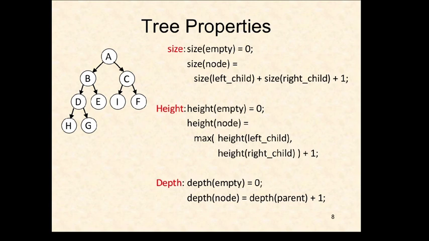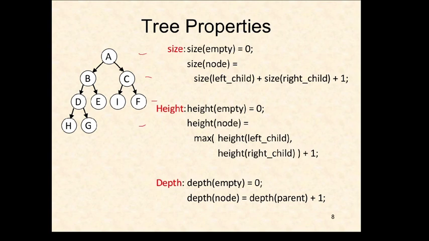Now, the height of a tree. Similar definition to before. If I give you an empty tree or a null pointer, you would say the height of that tree is 0. What we're trying to get at, if it's drawn nicely like this, is how many levels are in the tree.